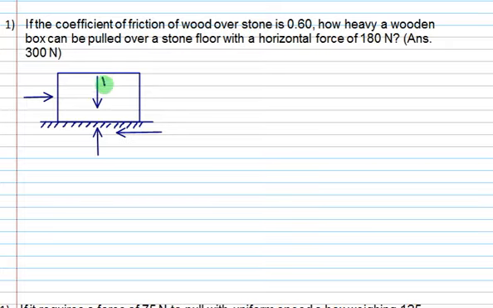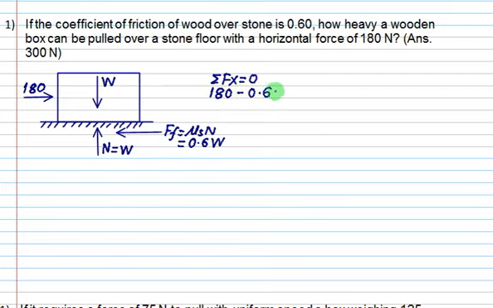The weight is W, so normal reaction is the same as W. The maximum value of friction force is mu s into N. Mu s is given as 0.6 times W. External force you are applying equals 180. So we can apply sigma Fx equals 0. So 180 minus 0.6 times W equals 0. So W equals 300.